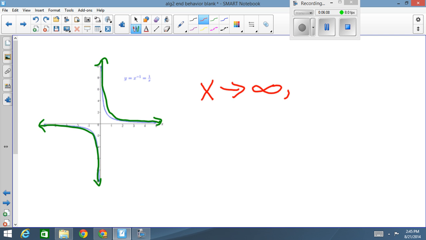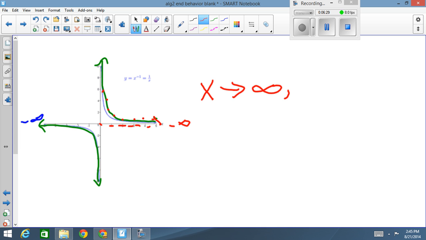So if I want to ask myself what's happening as the x approaches infinity, well, infinity is up here, right? Negative infinity is over here. So as x approaches infinity, my function is approaching this dotted line.